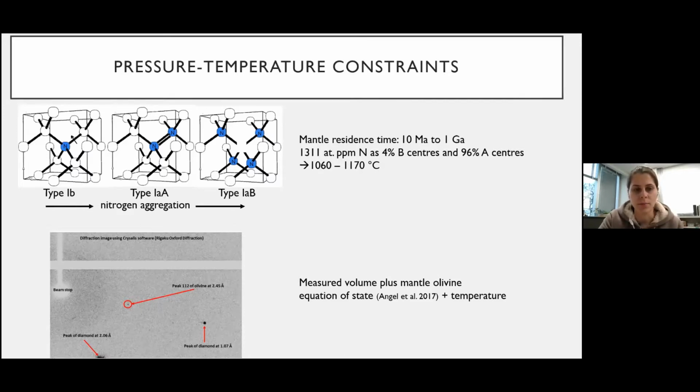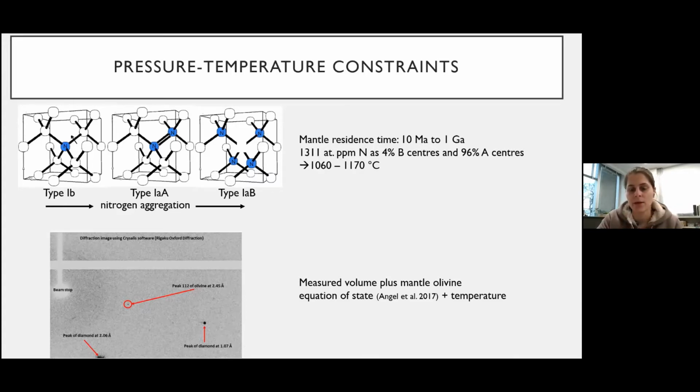Then with time, the nitrogen aggregates and it becomes pairs of nitrogen in the lattice structure. Finally, once it's fully aggregated, we get four nitrogen atoms around a vacancy. This nitrogen aggregation is dependent on the nitrogen concentration, the time, and the temperature.